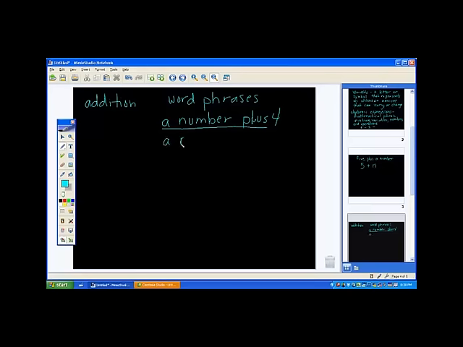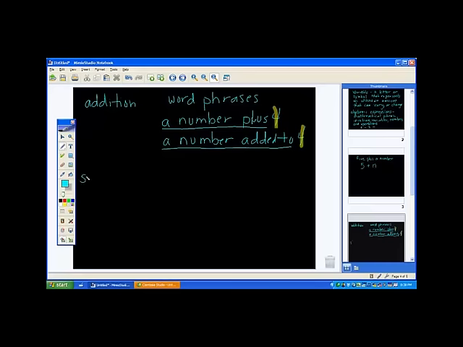Anytime you see a number added to another number, this is your key phrase, a number added to. These numbers could be any numbers, okay? But for the sake of it, these are your key phrases. A number plus or a number added to will always tell you to do addition.